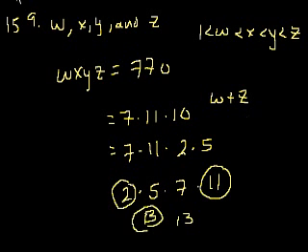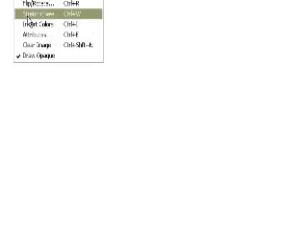Oh, it looks like we have time even for another one. Let's do this one. All right, the figure above shows a circular flower bed. Let me see if I can draw it. So that's the outside, and then they drew the inside.